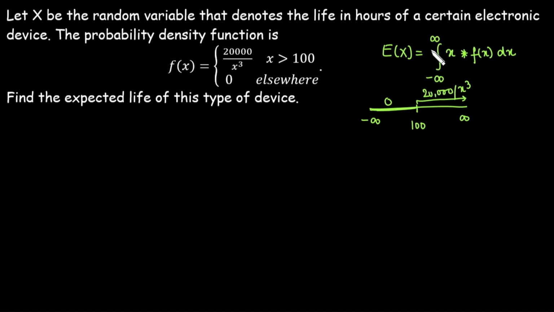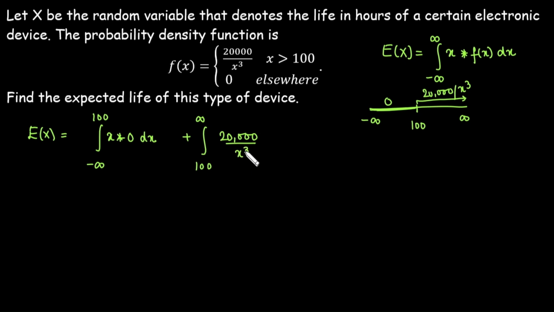It means this integration is divided into two parts: one from minus infinity to 100, second from 100 to infinity. Minus infinity to 100 में function की value क्या है? 0. So we can write here x into 0. And from 100 to infinity, the function value is 20,000 by x cube, and this x is as it is.